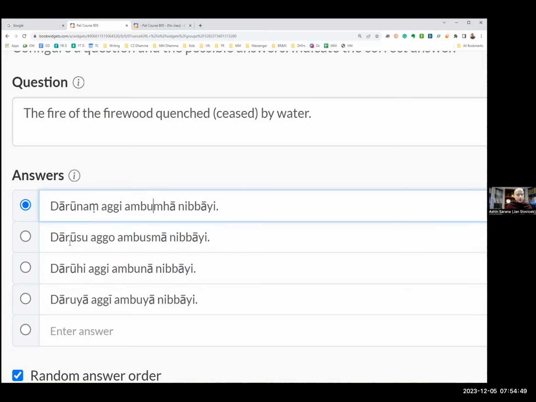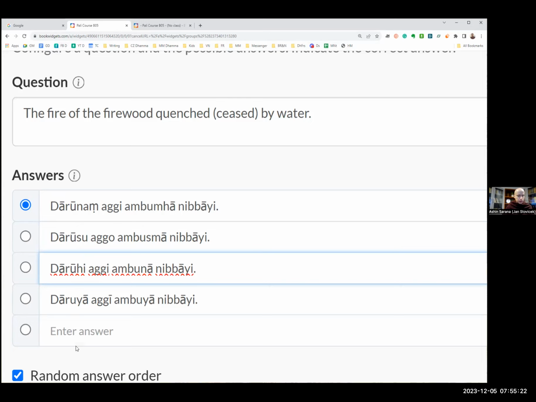What about the others? Darunang aggi. That's correct. Darunan. It cannot be darusu, that would be among. Daruhi would be of, and that's not it.